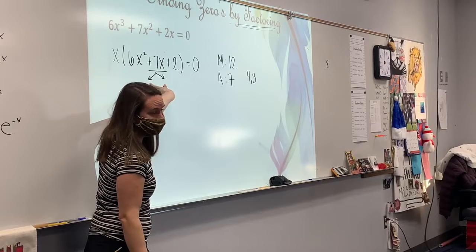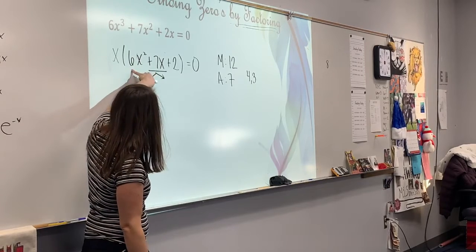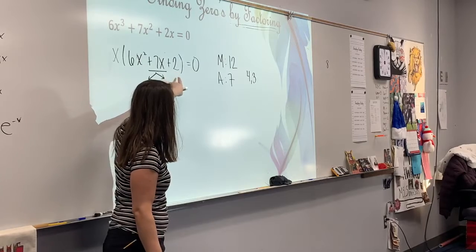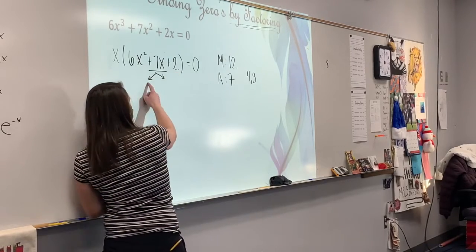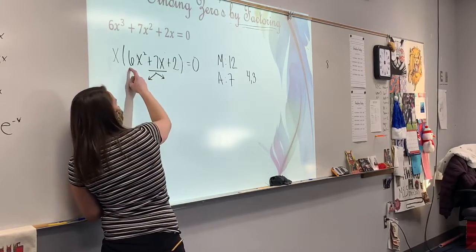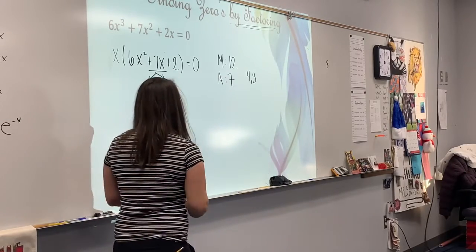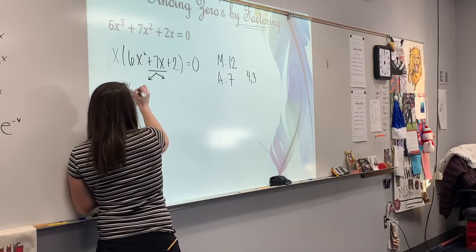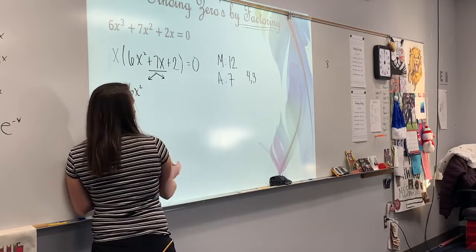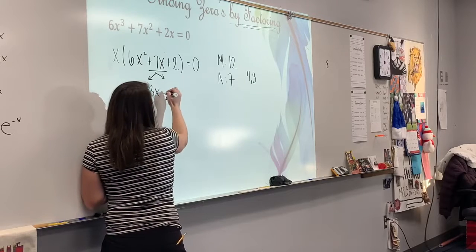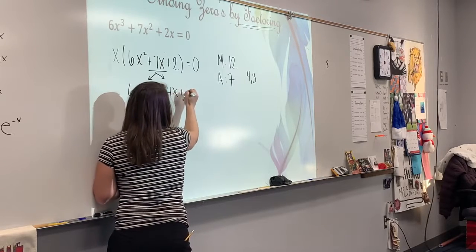It has to be 3 then 4 because the 3 has a factor with 6 and the 4 has a factor with 2. If we switch that, the 4 has a factor with 6, but the 3 will not have a factor with 2. So this is going to be written as 6x squared plus 3x plus 4x plus 2.